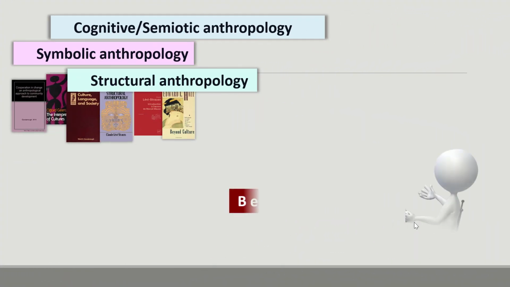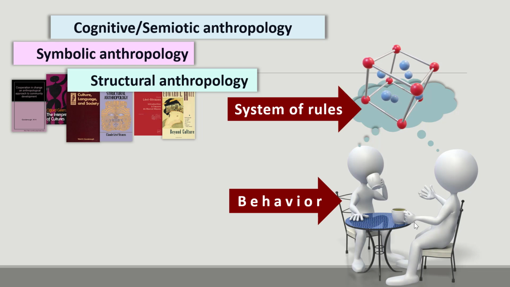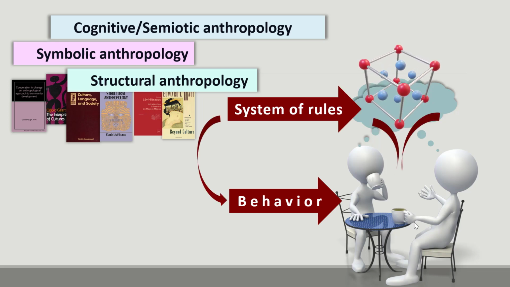All these theories of culture have one essential point in common. They argue that people's behavior is governed by some invisible rules. These rules are stored in the human mind and determine, like a code, the way in which people see the world and produce and reproduce cultural products and social cultural behaviors.